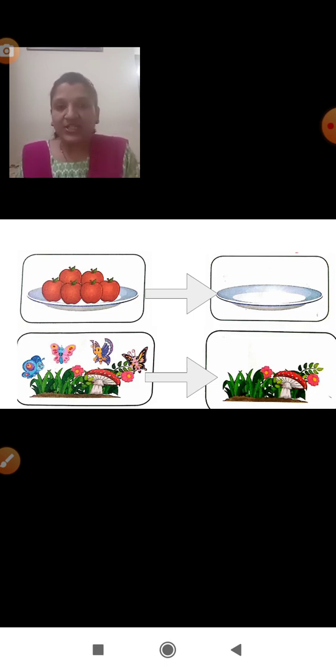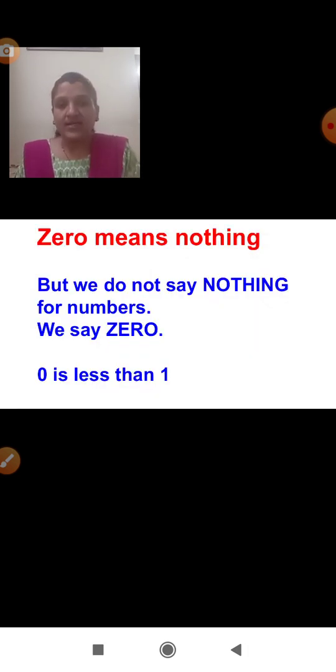In the next picture, what do you see? Butterflies. How many butterflies you see? 1, 2, 3, 4. 4 butterflies. But they all flew away. So how many butterflies now? No butterfly. That means 0 butterflies. That means we have learned 0 means nothing.